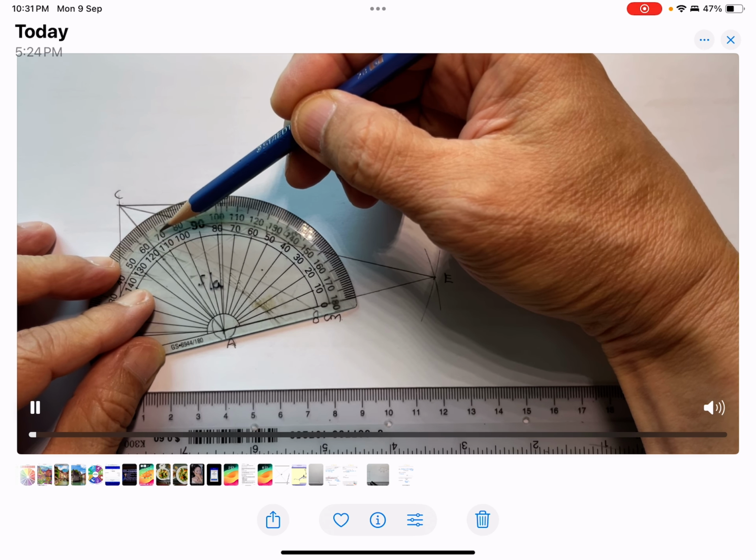So angle CAE is 116 degrees. Therefore, the reflex angle CAE is 360 minus 116, that will give us 244 degrees.